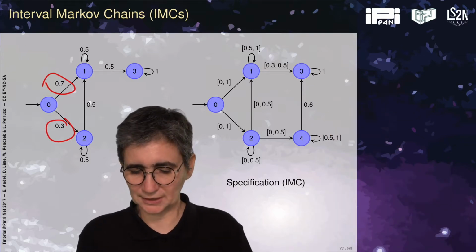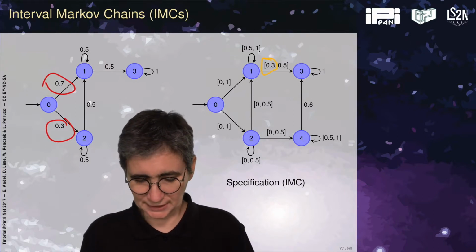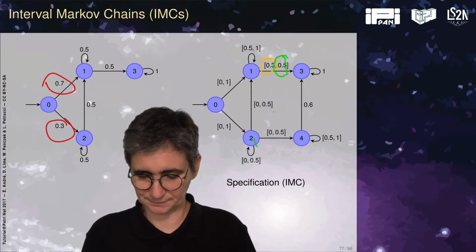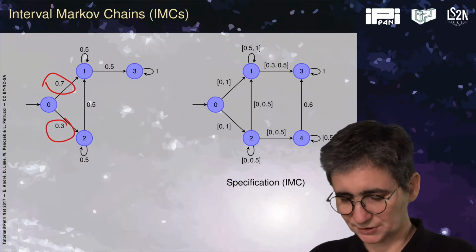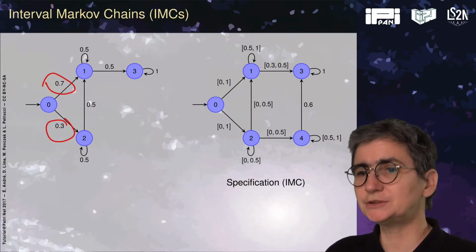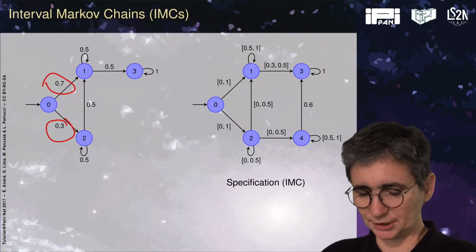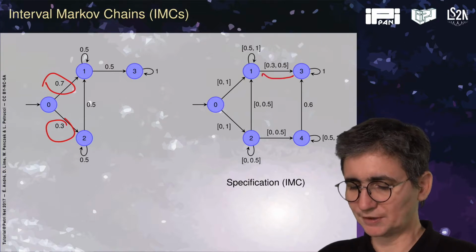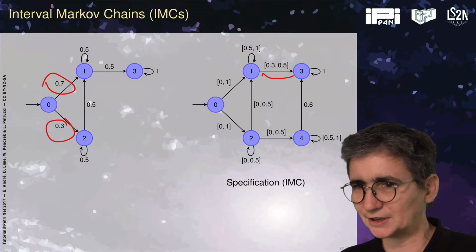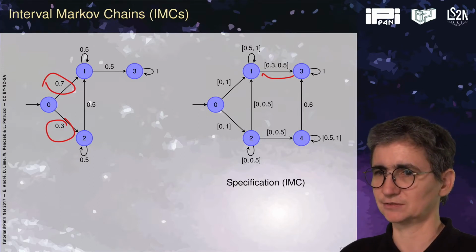The interval has a lower bound, for example 0.3 here, and an upper bound, for example 0.5 here. These intervals allow for specifying that the probability should be between the lower bound and the upper bound. So we don't know in this case whether the probability is 0.3, 0.4 or 0.5 or whatever in the interval. We just know it's inside the interval.